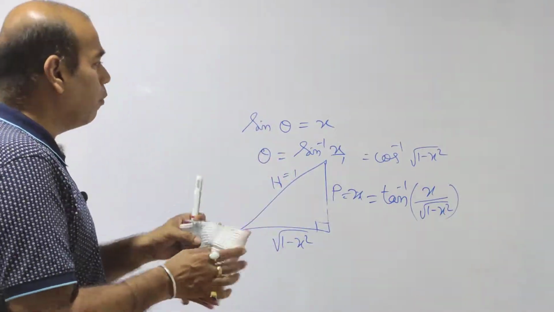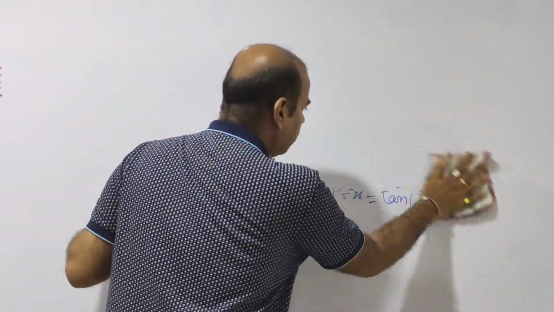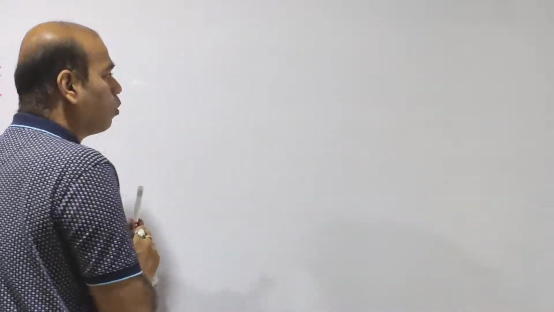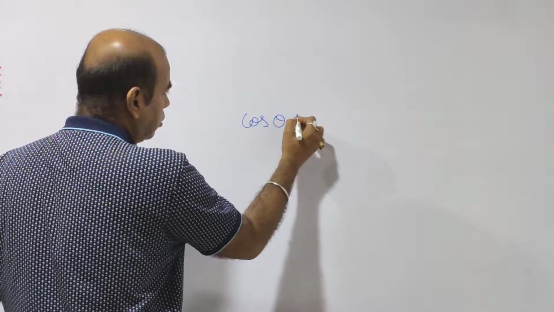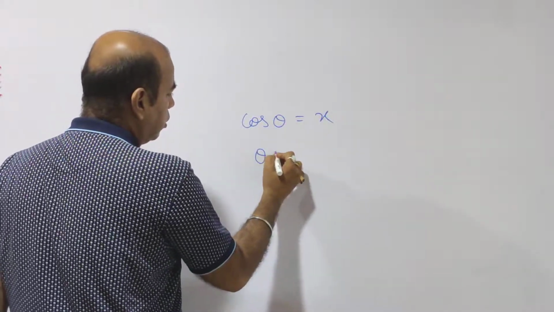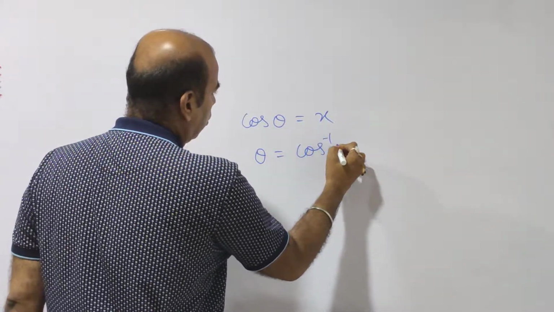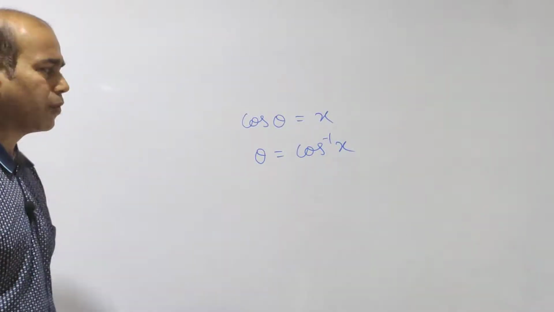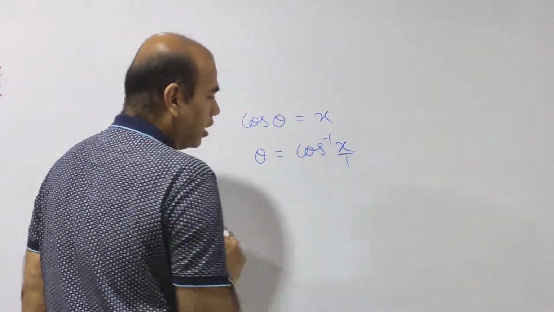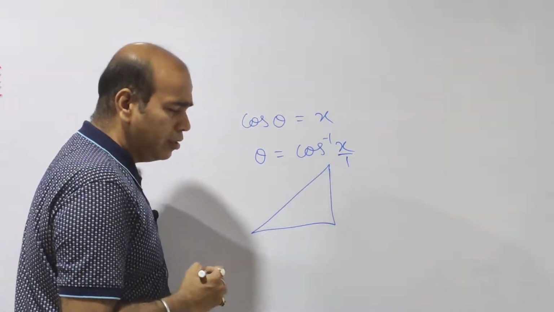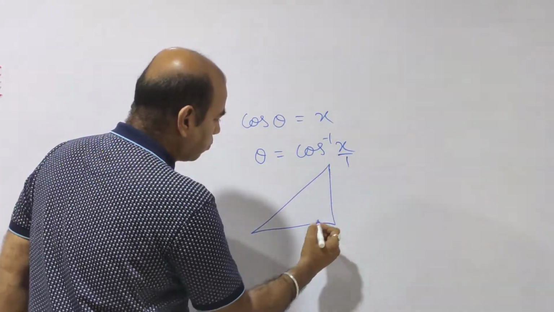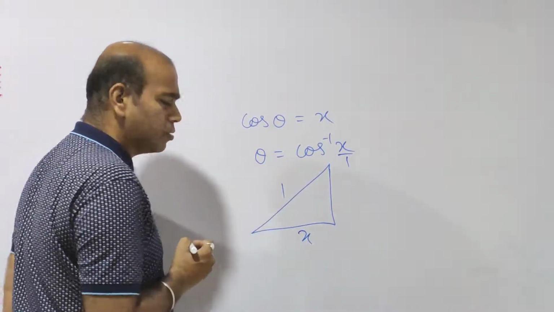Okay, let me give one more example with cos inverse x. Let me first write cos theta equals x, so theta equals cos inverse x. Again, if I consider a triangle, cos is base by hypotenuse.